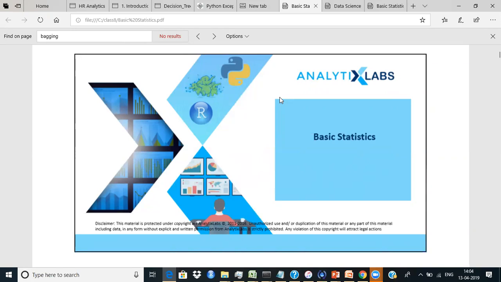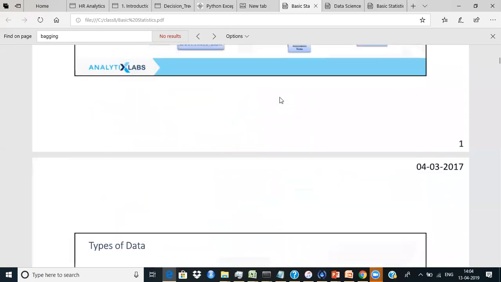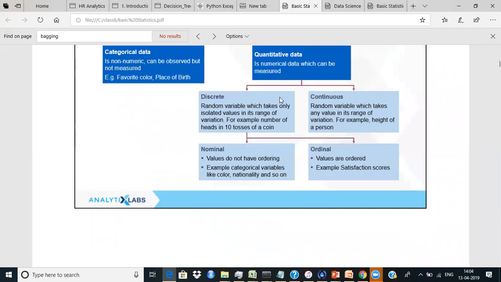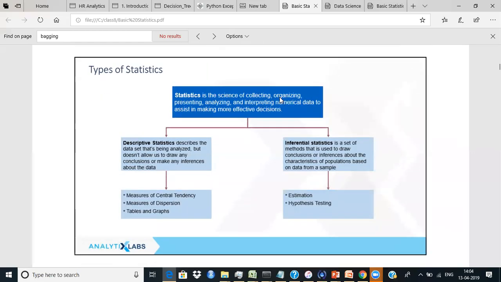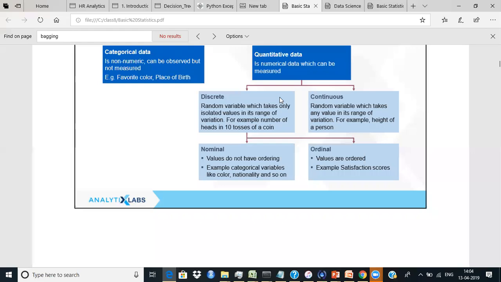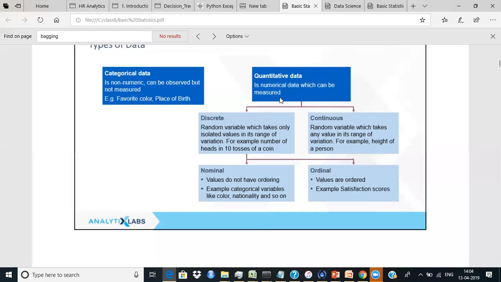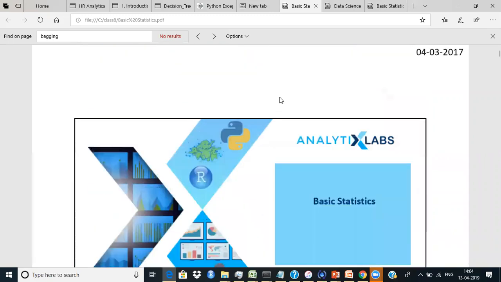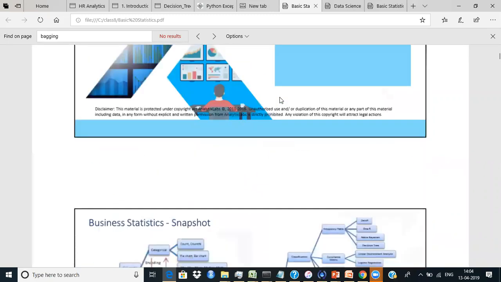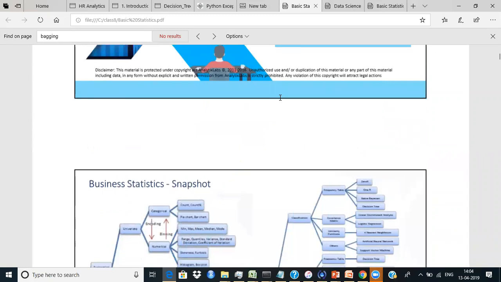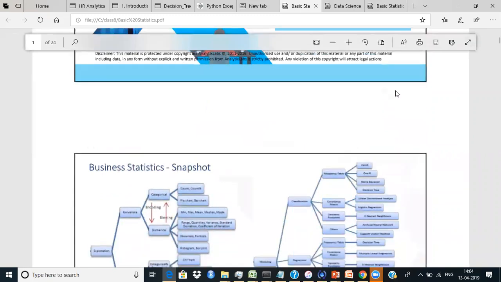Sir, I have a question. In the PDF, basic statistics, in slide 3, in this multimodal data, it says the data is mode 27. So is that how we represent it, sir? Sorry, which page? Let's say page 3. Got it.